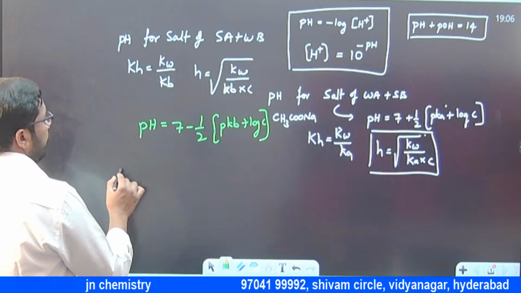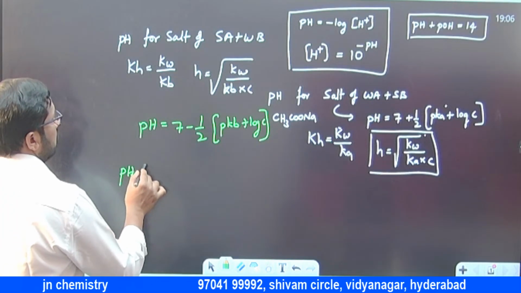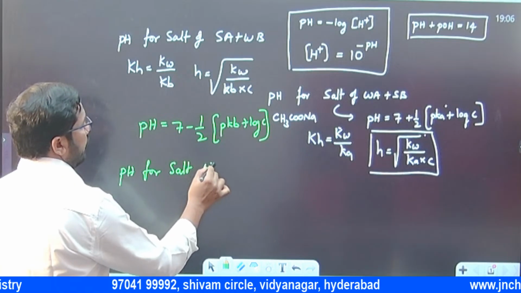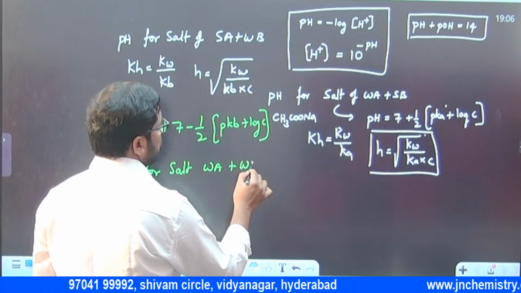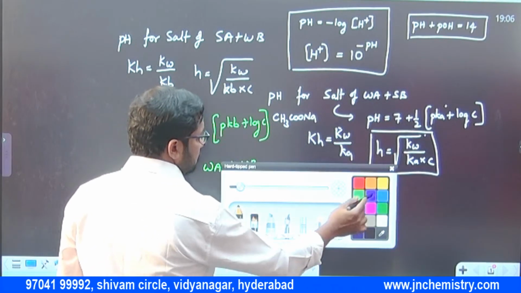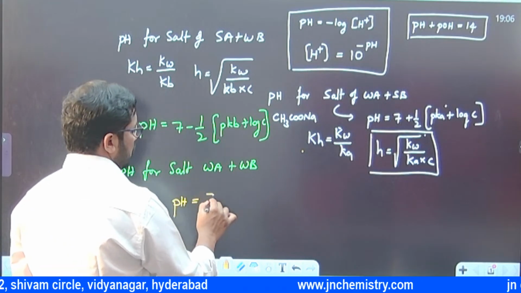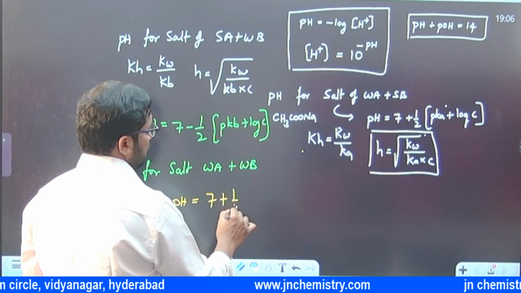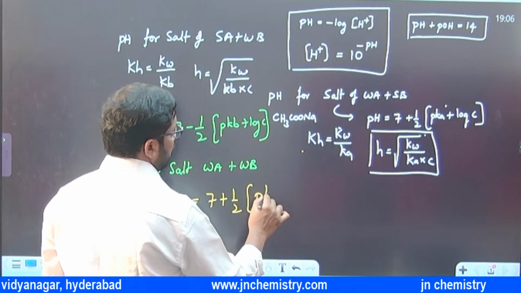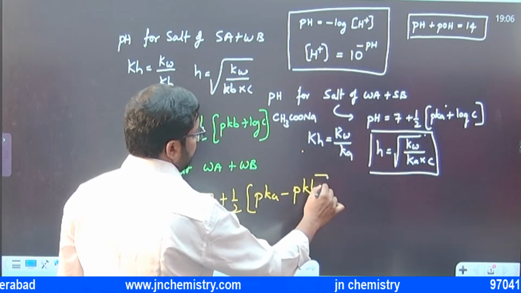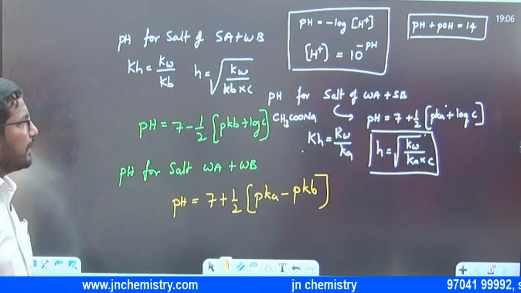Right? And pH for salt of weak acid plus weak base. Come on, let me know. 7 plus 1/2 pKa minus pKb. Right?